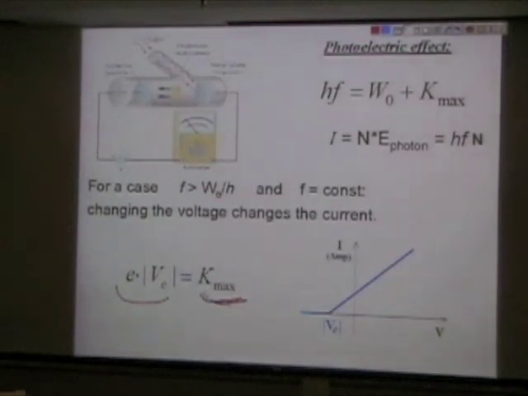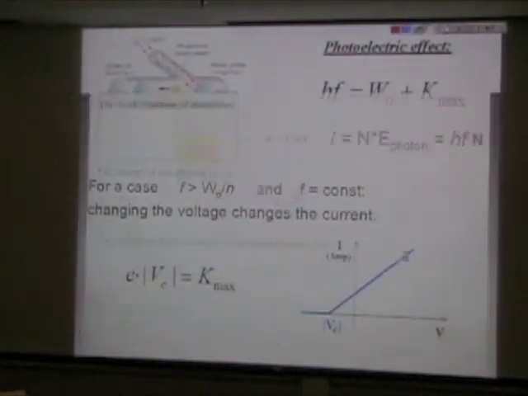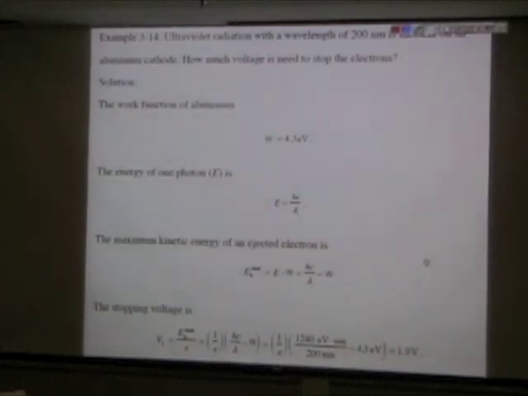And we can use this expression if we need to calculate the value of this potential difference we should apply. Well, this is an example of this kind of calculation.